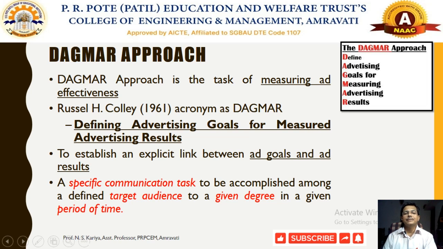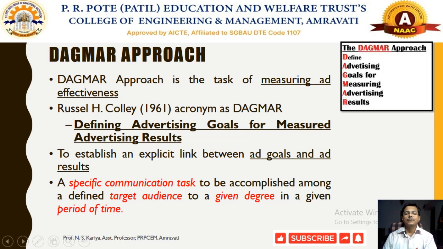The meaning of the DAGMAR approach has been specified below over here. A specific communication task can be accomplished among a defined target audience to a given degree in a given period of time. Means our advertising goal has to be fulfilled within a specified period of time to fulfill the needs and wants of that targeted audience.